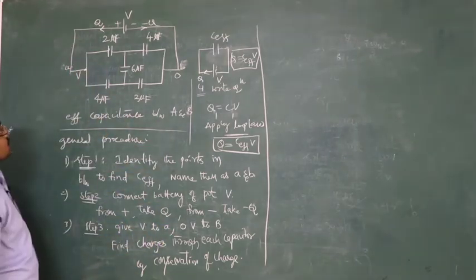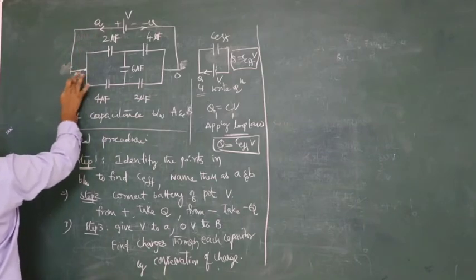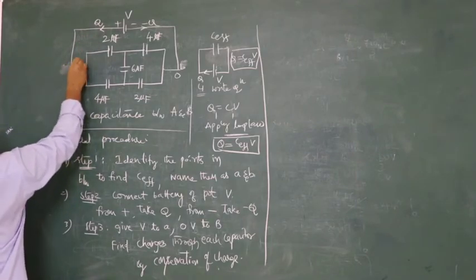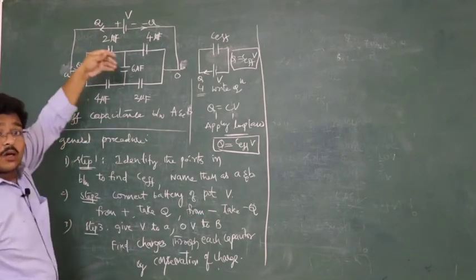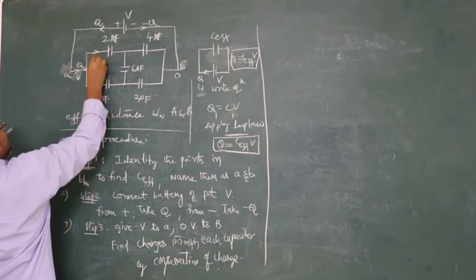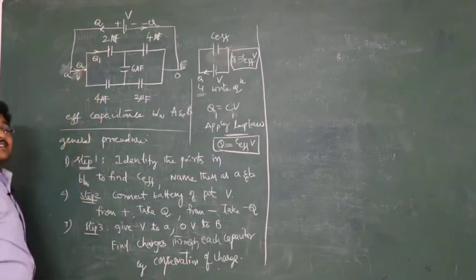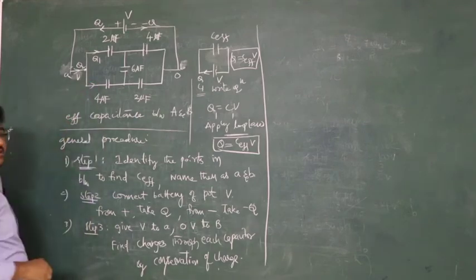See here, if the charge coming from the battery is Q, let me take in this branch Q1 is going. Now what is this branch?